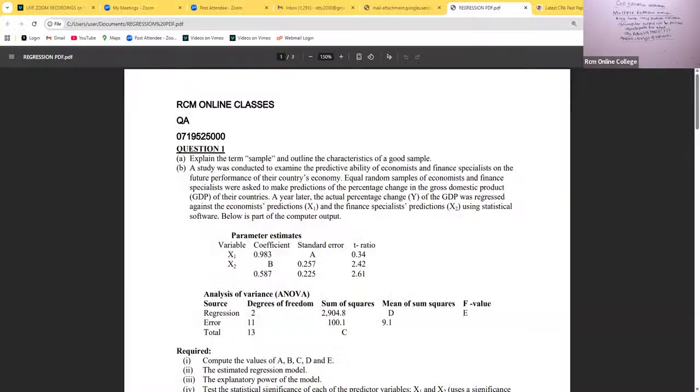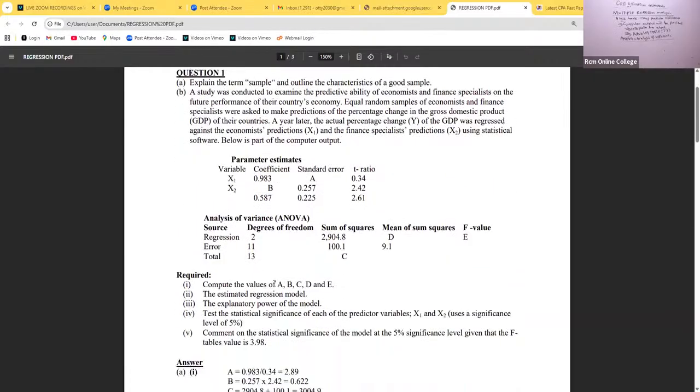So then this is how your exam for Advanced MA will look like. This is quite an old question. It was a quantitative analysis question, but very relevant to you. All right. So forget about part A, part B. For part B, they want us to compute the values of A, B, C, D, and E. Then number 2, they want us to give them the estimated regression model.